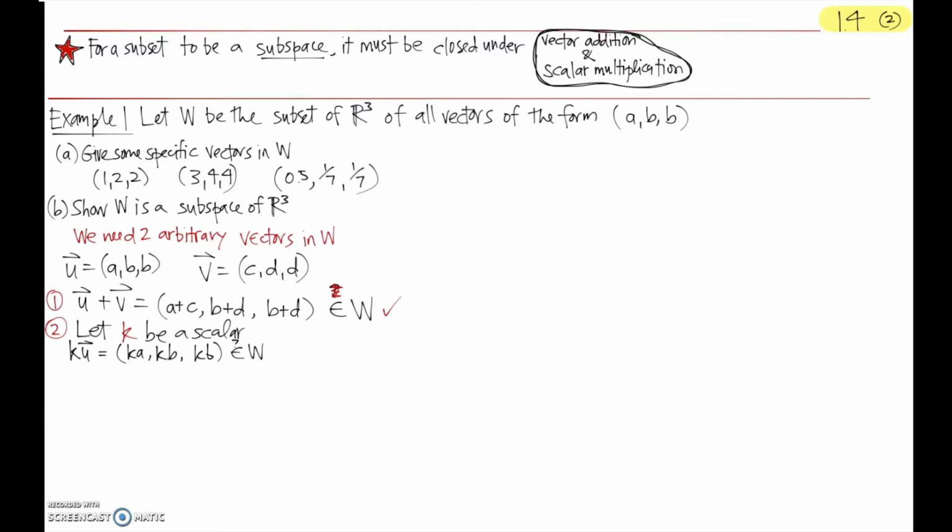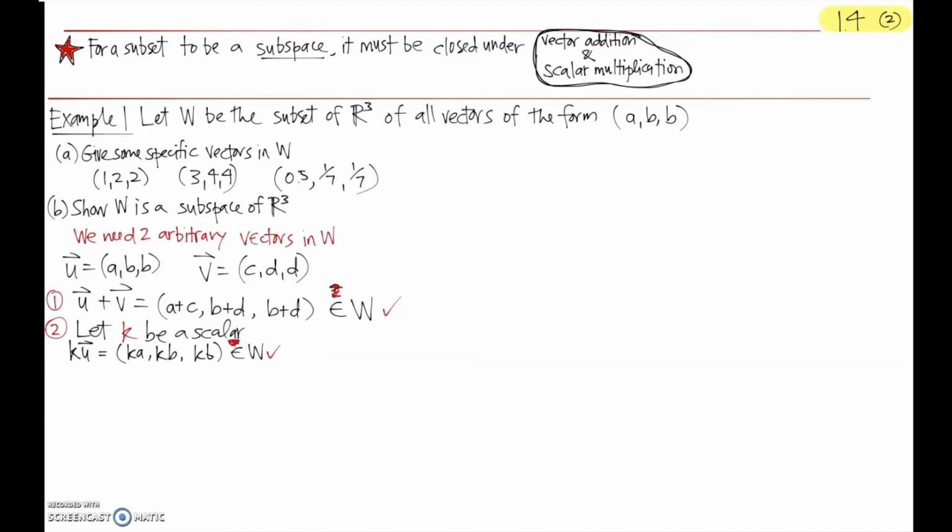Remembering that W is, just as it always has been, the first element and then the second and third elements have to be identical. That's the only condition on being in W. So we have a first element that can be anything, and are the second and third elements identical? Yes, they are. So we can say that that scalar multiple is in W.